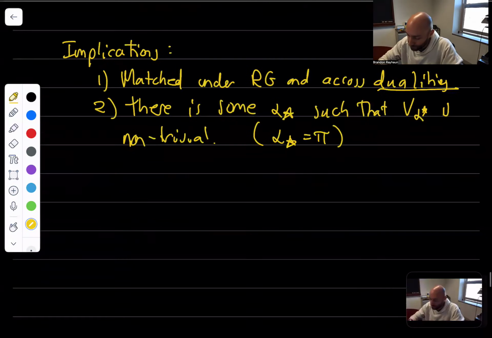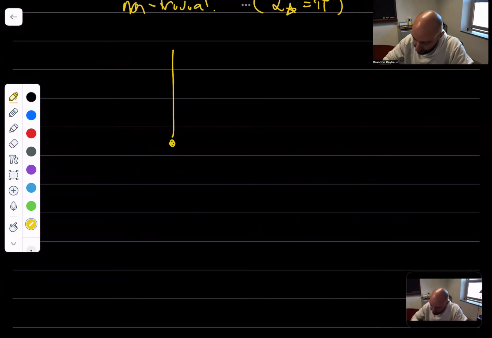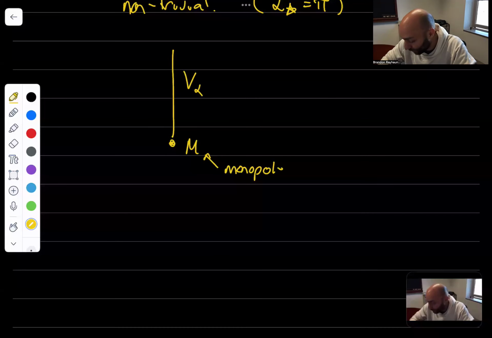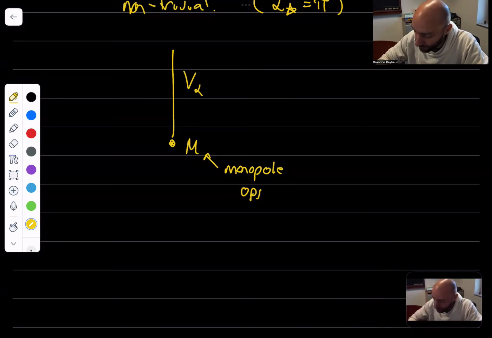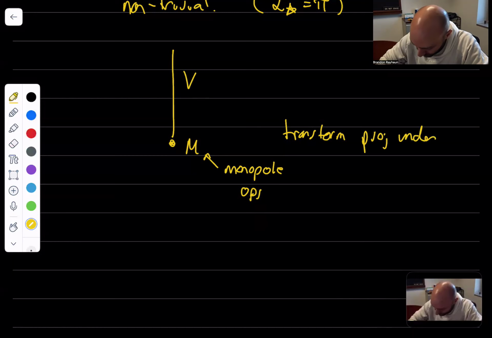So for example, the endpoints of this vortex line, which are sort of half-integer monopole operators, transform projectively under O2. Sorry, I should have said pi.